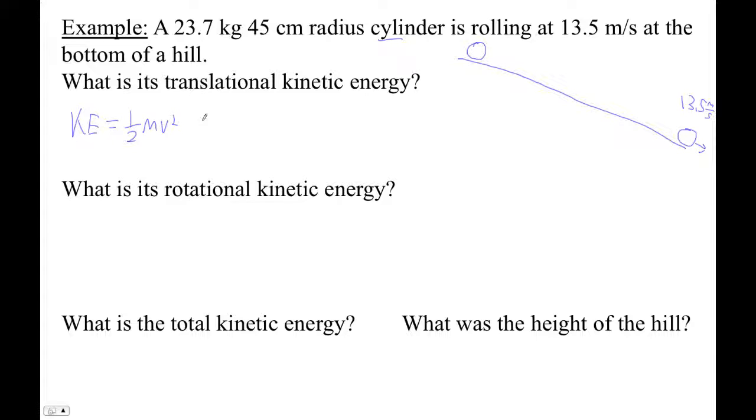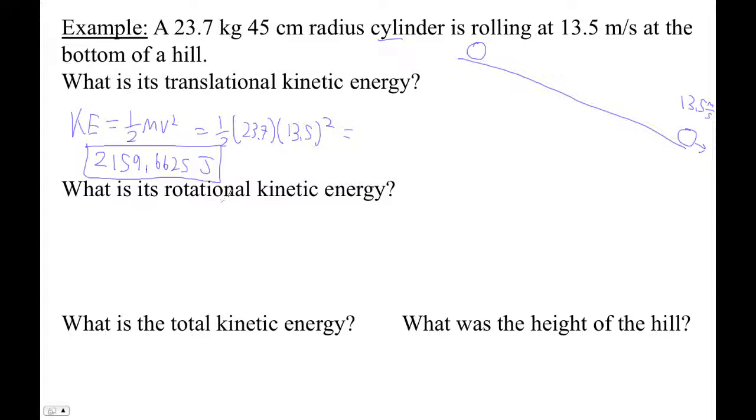So I'm going to go 1/2 times 23.7, this is a heavy thing, times 13.5 squared, and that kinetic energy is, let's figure it out: 0.5 times 23.7 times 13.5 squared. Well, that's approximately 2159.6625 joules. I'm trying to be funny here.